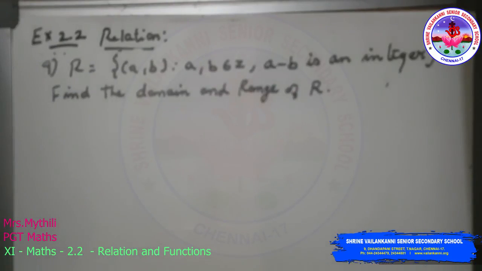Ninth one, let R be the relation on Z. So Z represents integers, defined by R equal to {(a, b) : a, b belong to Z, a minus b is an integer}. Find the domain and range of R. It is known that the difference between any two integers is always an integer.